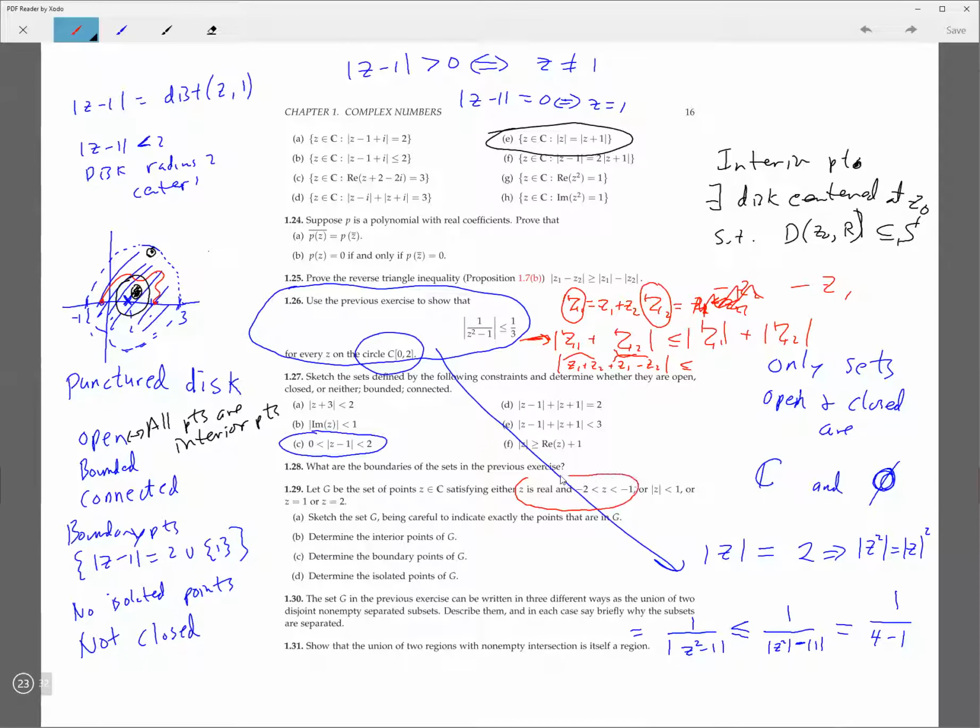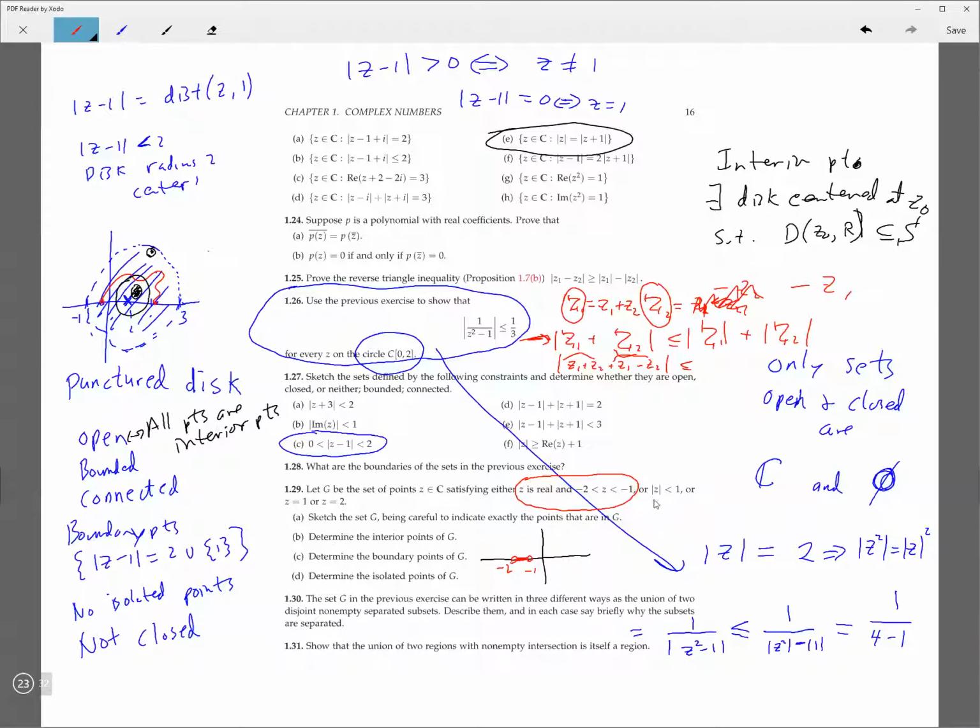Okay, so this right here is going to be a line segment. That's going to be a line segment, because if z is real, then that's just going to be a line segment. So if we have a graph of this right here, that part is just going to go from -2 to -1. So it's just going to be this line segment.